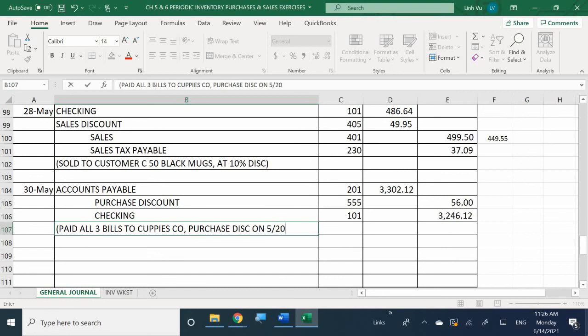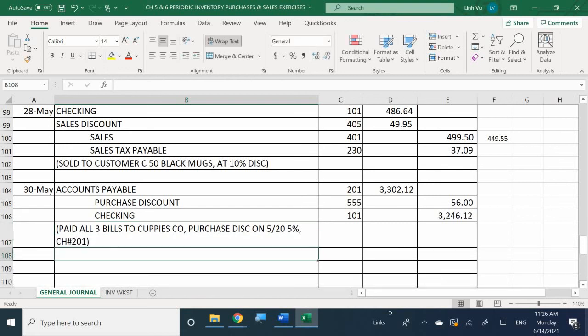I've made the discount of 5%. And of course, I wrote them all on check number 201, for the grand total amount of $3,246.12.